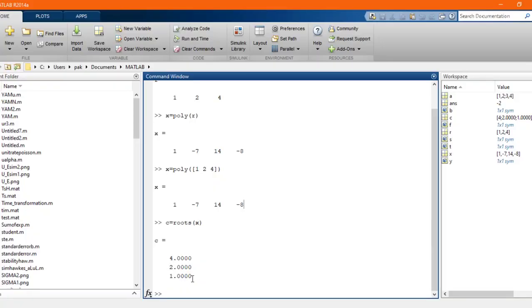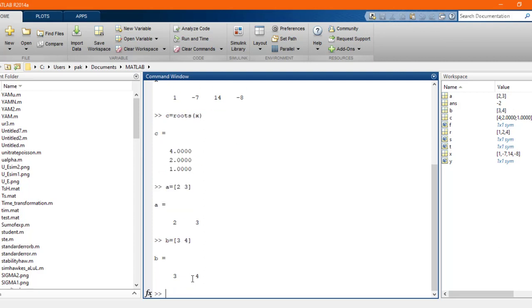So let's see that if we have A is equal to [2 3], and B is equal to [3 4]. Now if I use the convolve command, conv(A,B), then I have the result in front of you, 6, 17, 12.